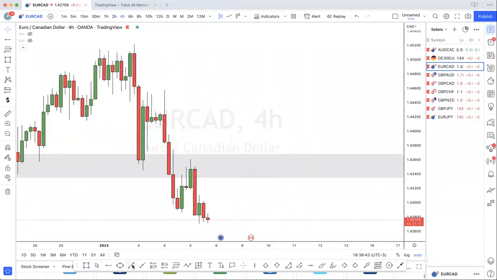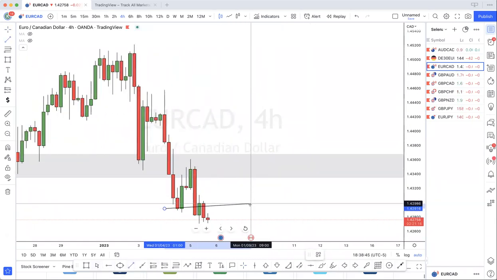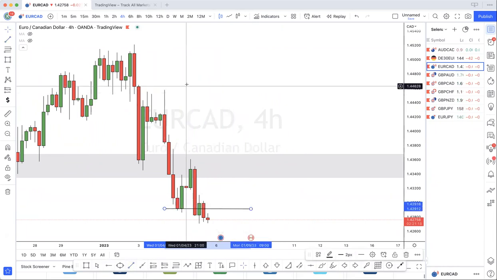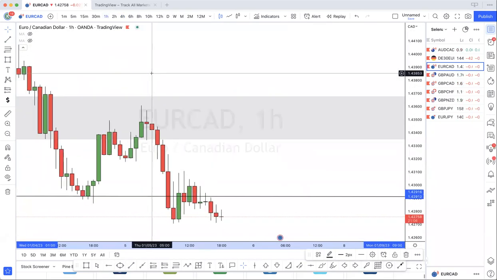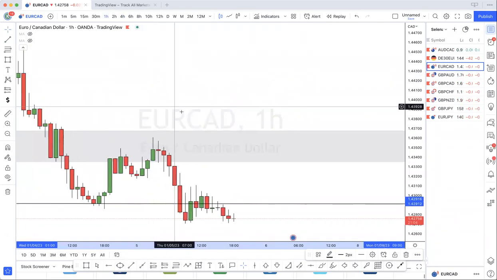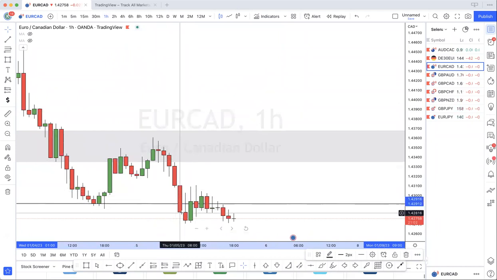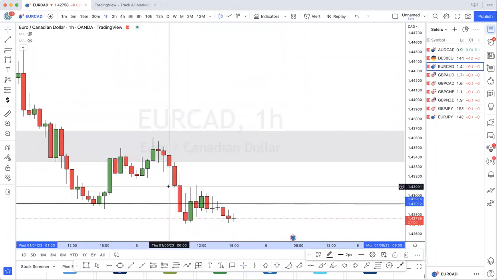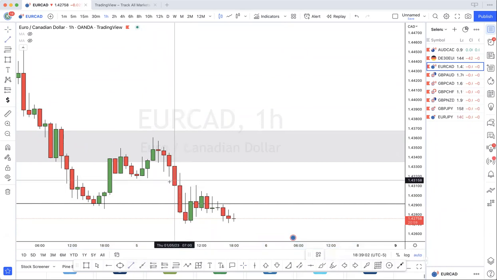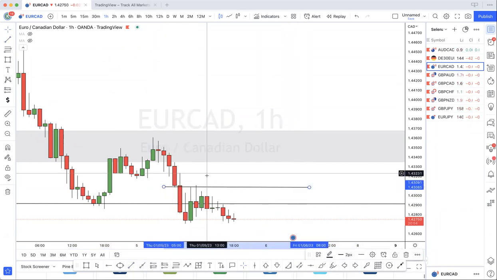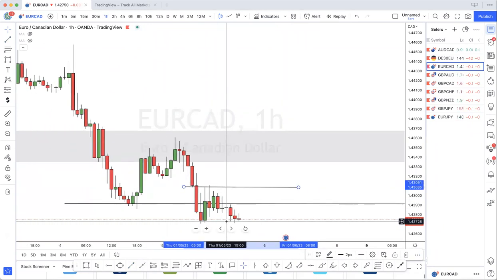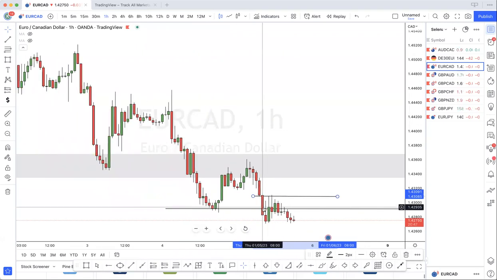So you're expecting price to just tap back into here. I'm sure if we go down to the 1 hour, you'll probably find some more price action of some sort. Once it broke, it came and closed this imbalance, and then started selling back down.